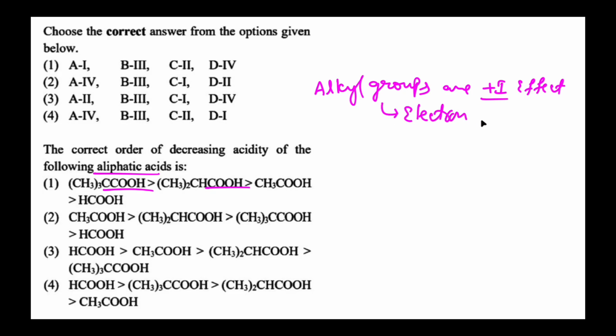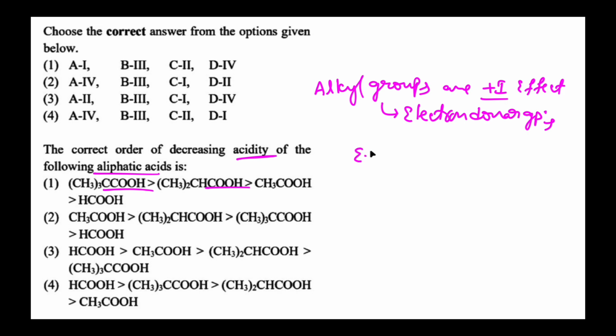We know very well alkyl groups are plus I effect groups, that is electron donor groups. So they are asking about acidity. Acidity means proton donor capacity.